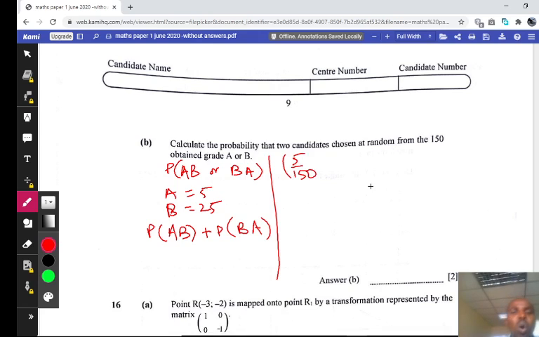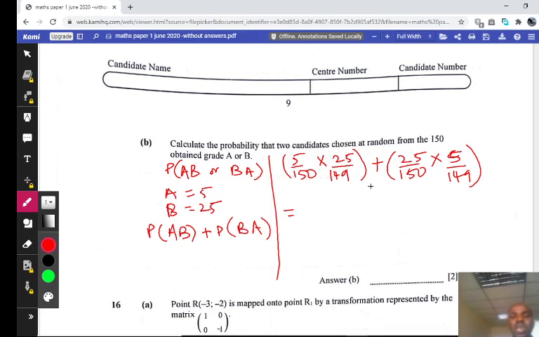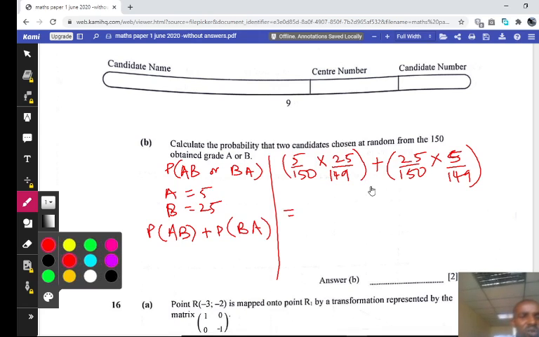That's the total number of students all together. Then times B, it will be 25 over. Right, since you have chosen one student, it means the number of students are now 149. They are no longer 150. Then plus, the next one, it will be 25 over 150 times, then the A, it will be 5 over 149. Like this.